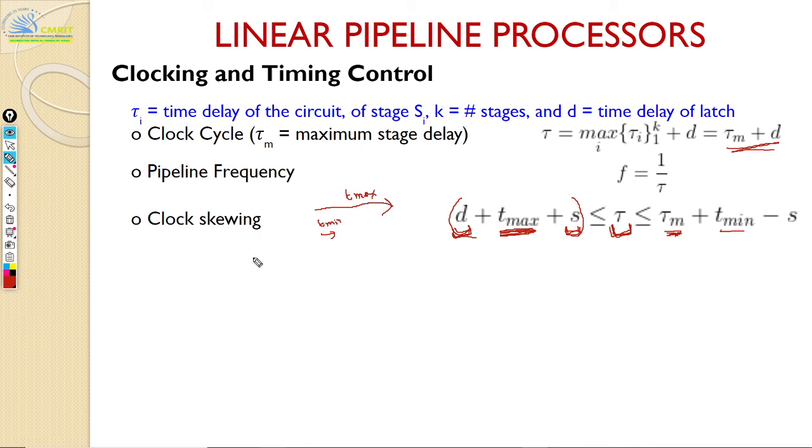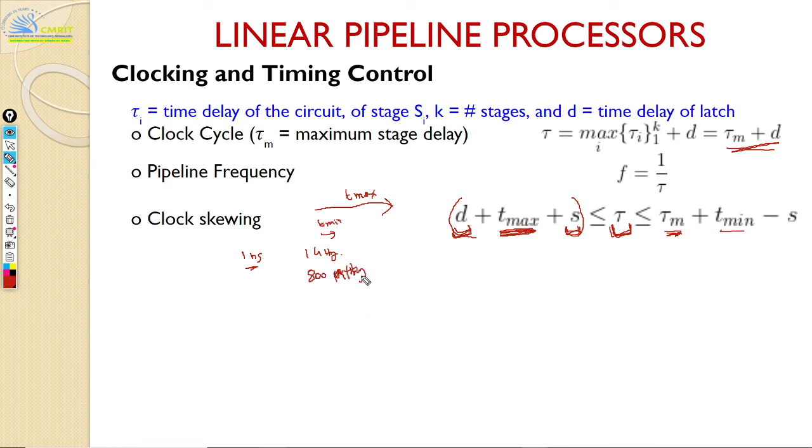Then I can give a clock of 1 gigahertz, correct? 1 divided by that. But if my slowest guy is 1 nanosecond, can I give a clock of say 800 megahertz?